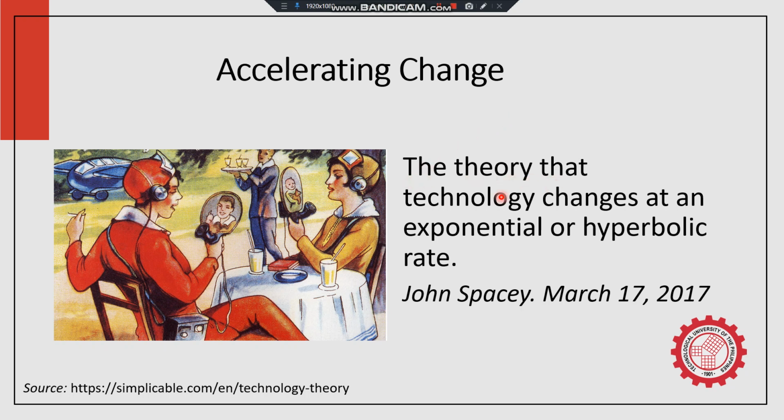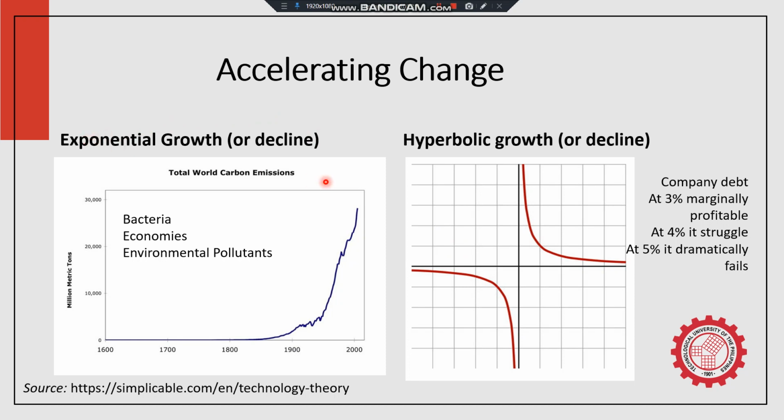This is the theory that technology changes at an exponential or hyperbolic rate. Here we have the comparison of the exponential growth or decline and the hyperbolic growth or decline. For the exponential growth, we have here a graph of total world carbon emissions from the 1600s to the mid 1800s.